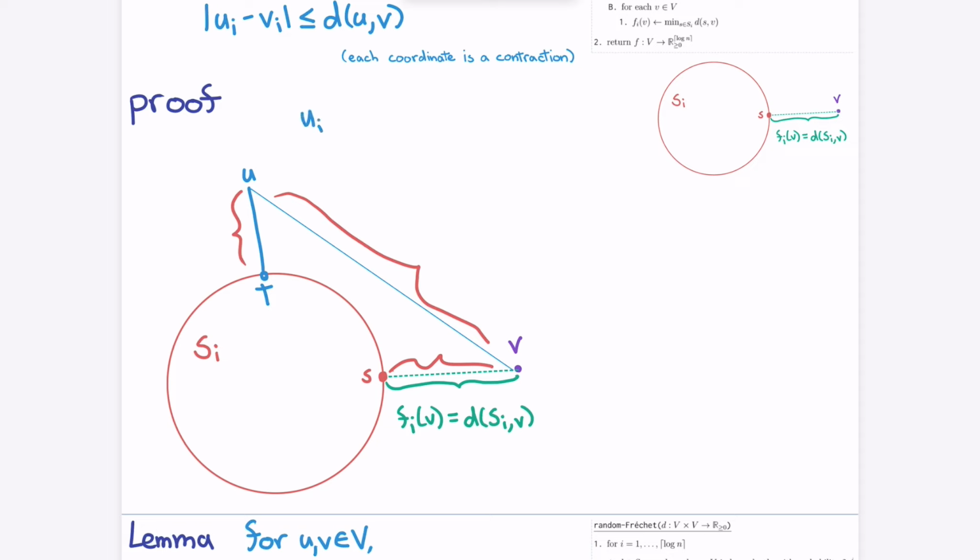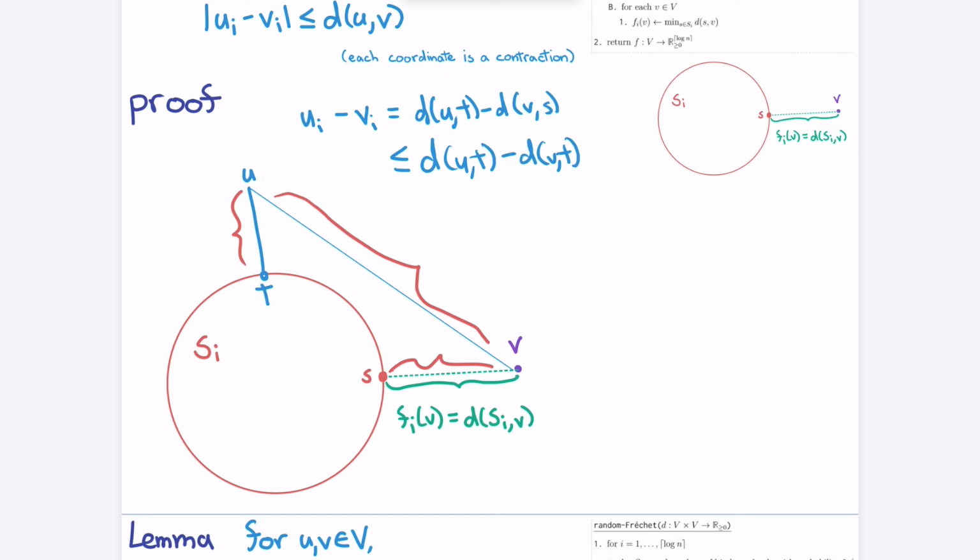Oh, here's one thing. So u_i minus v_i, which in this picture would be d(u,t) minus d(v,s). So t refers to really the minimum point, and s refers to the minimum point. Okay. This should be at most d(u,t) minus d(v,t), right?